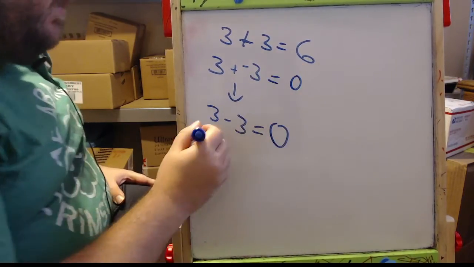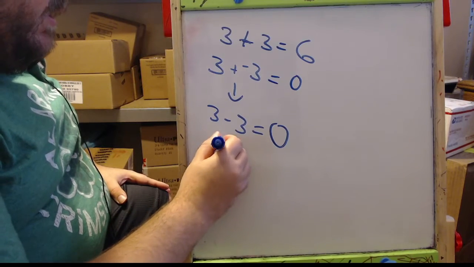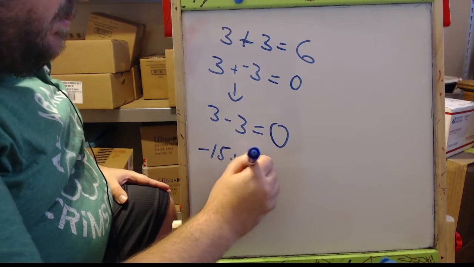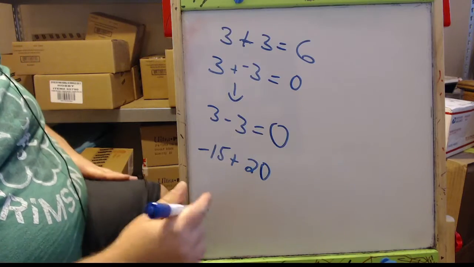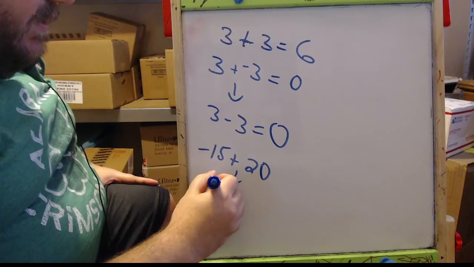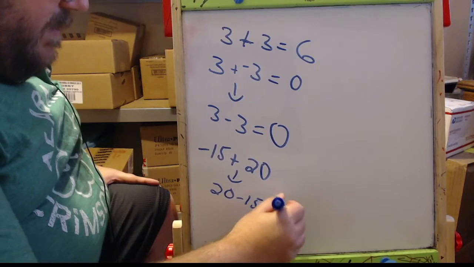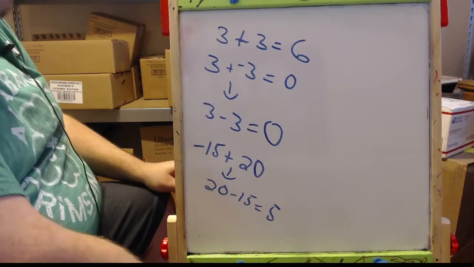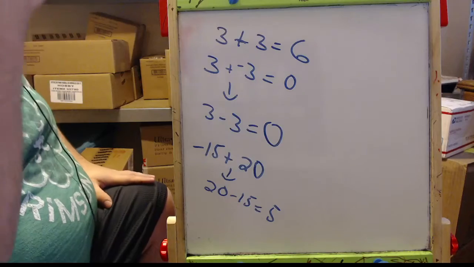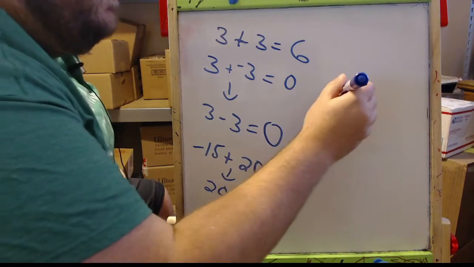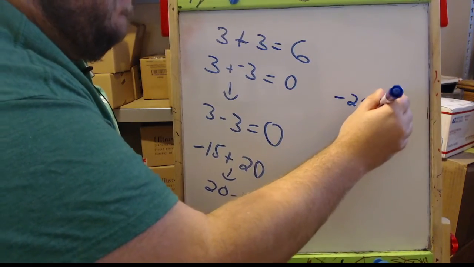Now, it doesn't matter where the negative is. Let's say we had something like this. I would rewrite this as 20 minus 15, which would be 5. Now, you could get a negative answer when you're adding them. Let's say it's negative 25 plus 20.